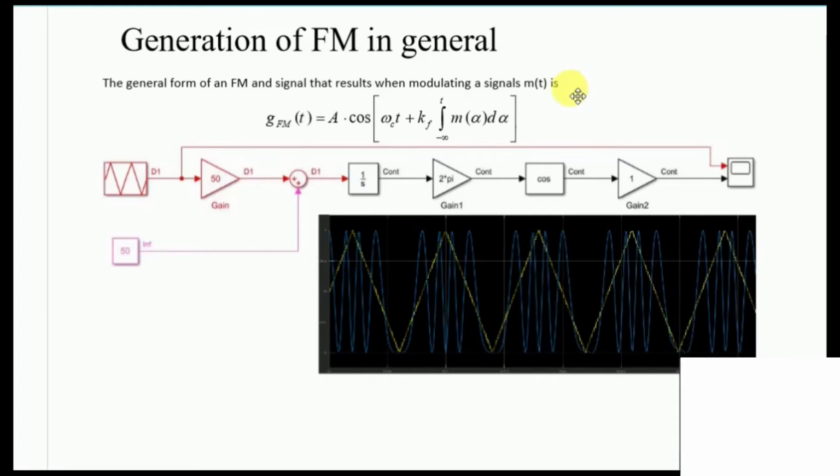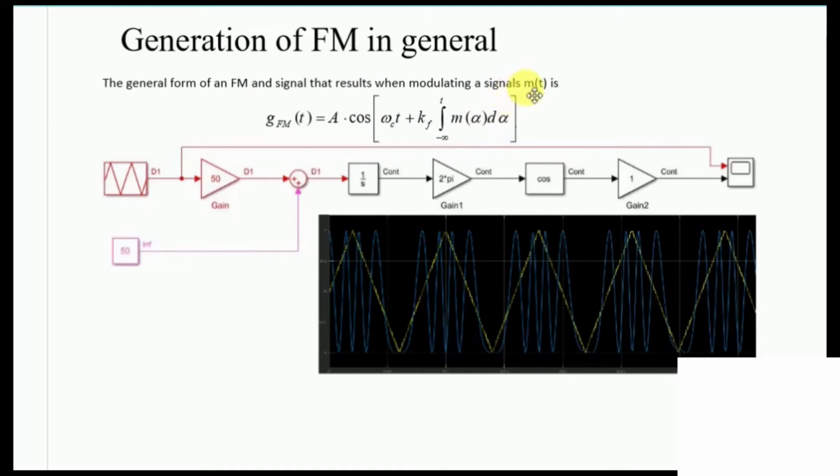Let us now consider a very generic model for the generation of frequency modulated signals. Given a message signal m of t, we can modulate this into a frequency modulated waveform by utilizing the generic expression given here.